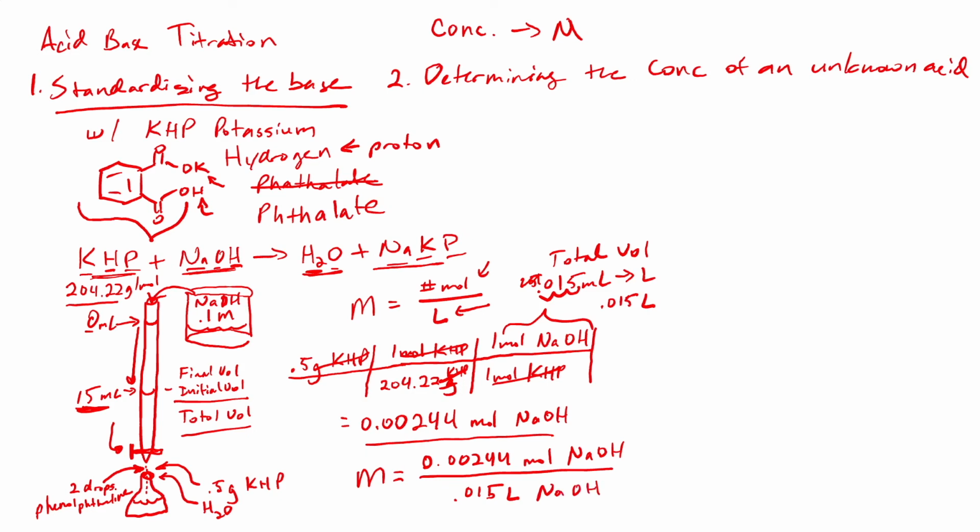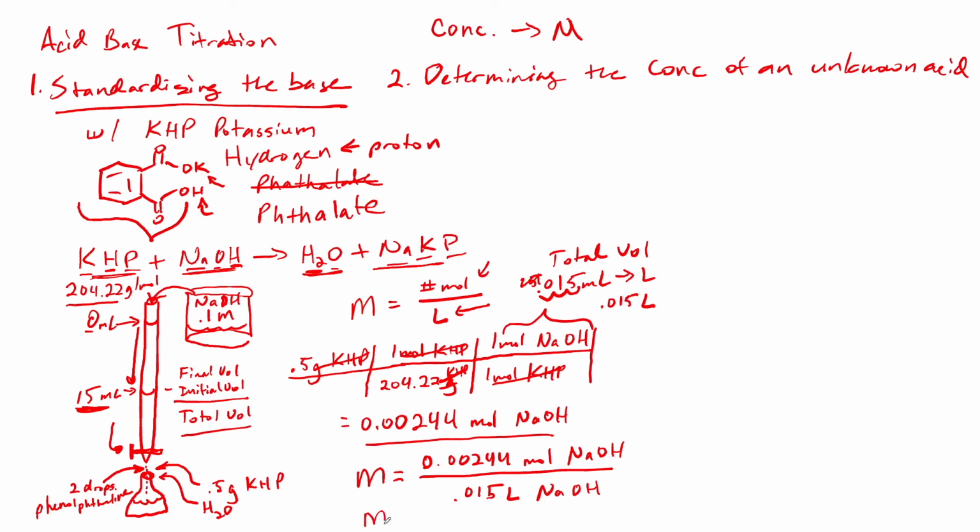All right, so you do that calculation, 0.00244. I know that the number went really far. You had a very long repeating decimal. I mean, 5 digits is plenty for this. And then divide that by 0.015.